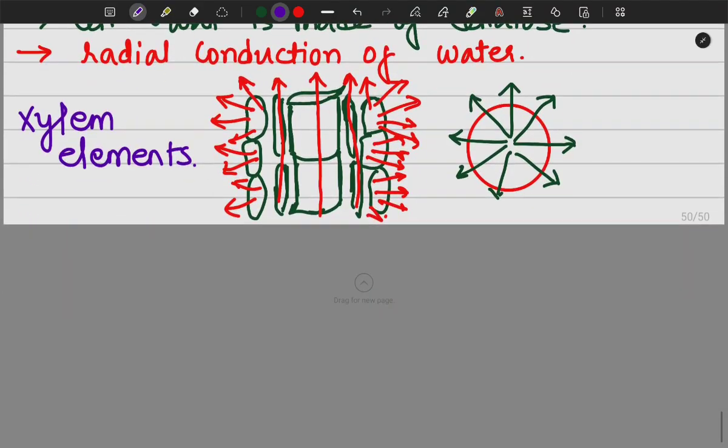Now, if we talk about the primary xylem, the primary xylem is that xylem which is formed during the early stages, during the growth of the plant, right?